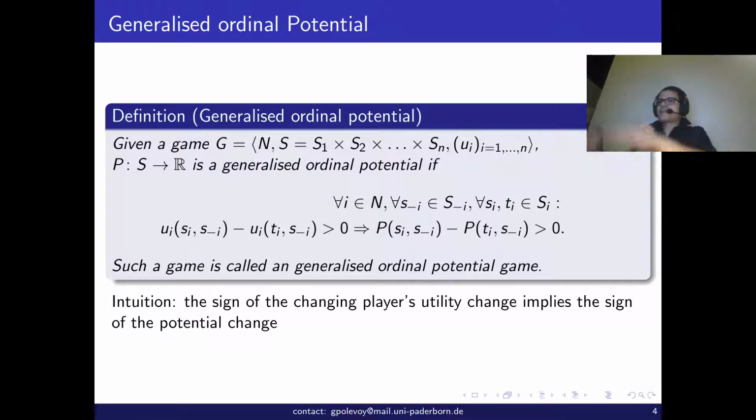So a game admitting a generalized ordinal potential function is called a generalized ordinal potential game. And as I already said, the intuition is that the sign of how the utility of the player who changes, whether it grows or strictly decreases, implies what happens with the potential. That's the dependency.